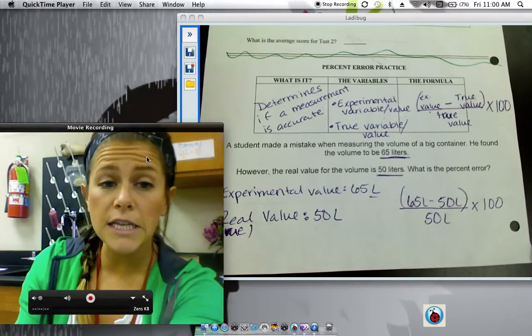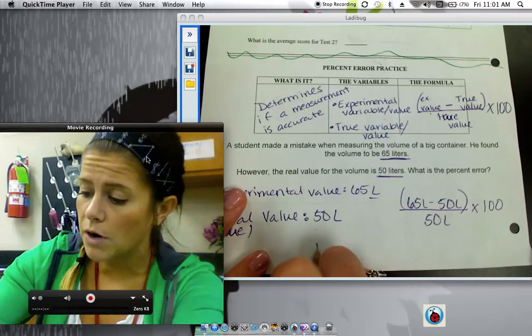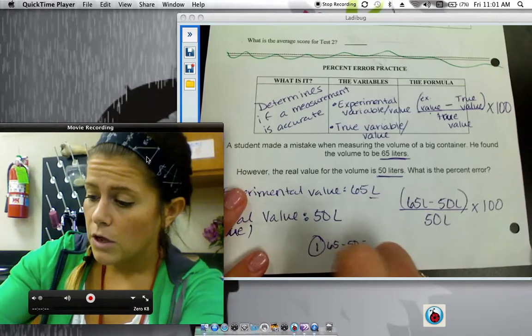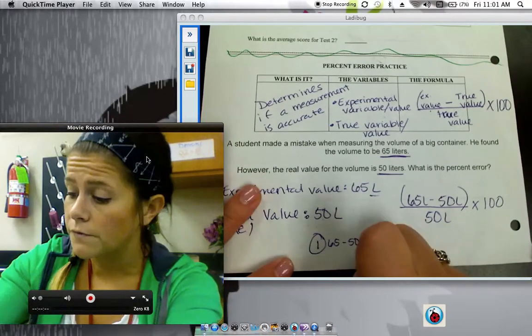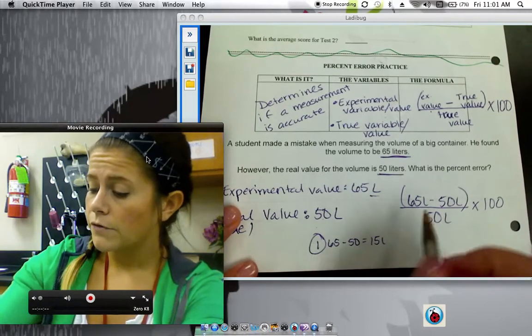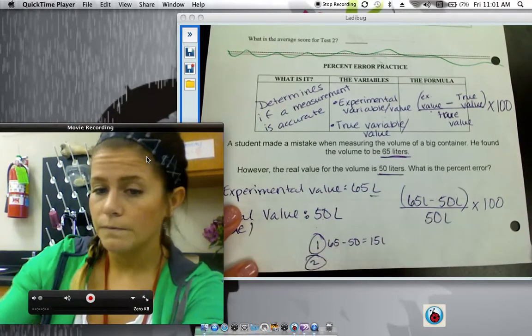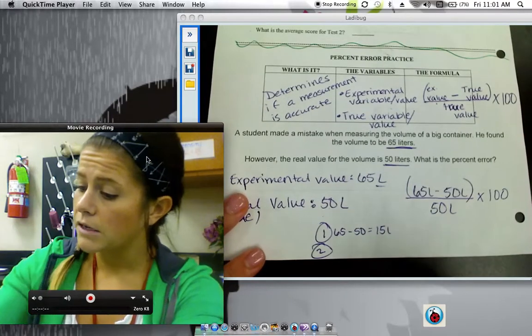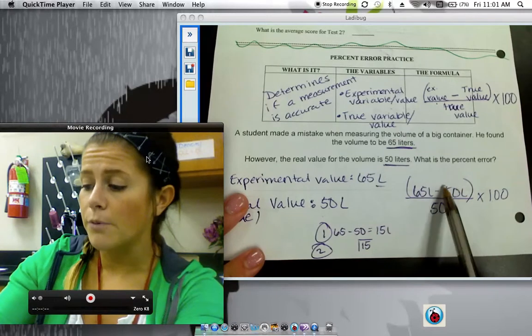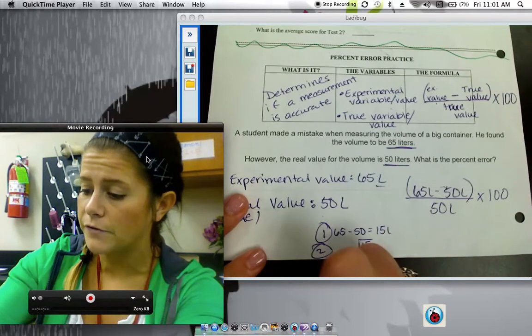So the first thing that we do is what's in the parentheses. So number one, we take 65 minus 50, which you should know equals 15 liters. Then for step 2, we're going to take 15, and because it's on top, we're going to divide it by 50.